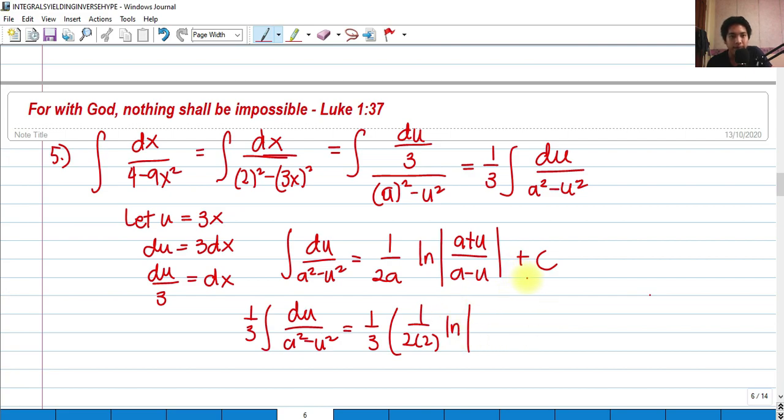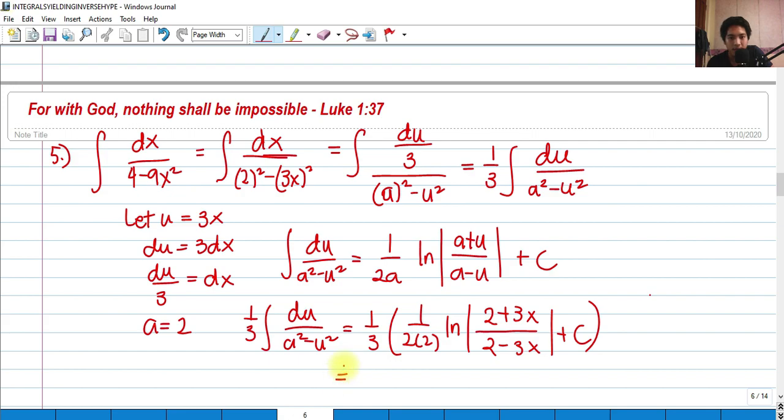Our a is 2, so we have 2 plus the value of u, 3x, then a minus u, 2 minus 3x, plus c.